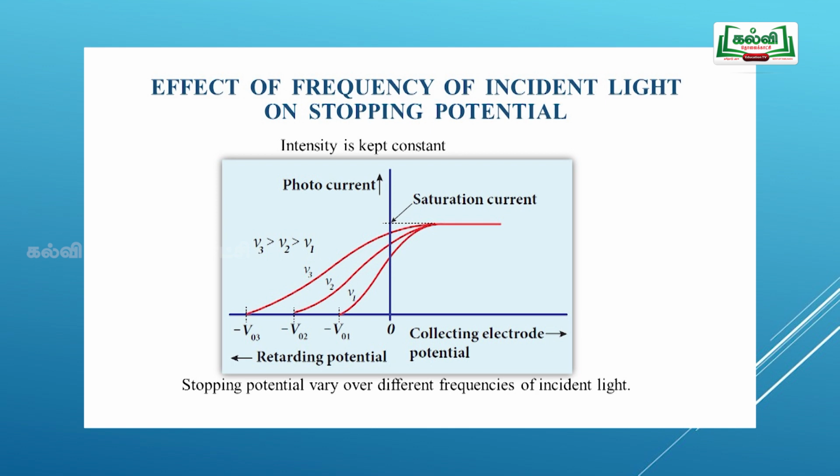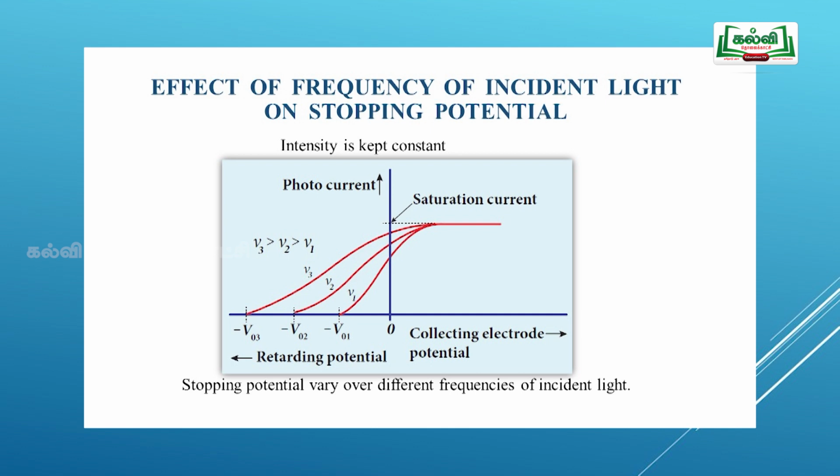The next graph is the effect of frequency of incident light on stopping potential. Here the frequency of the light is varied, keeping the intensity of incident light constant. When you vary the frequency, the stopping potential also varies. We have stopping potentials minus V01, minus V02, minus V03 for nu1, nu2, nu3.